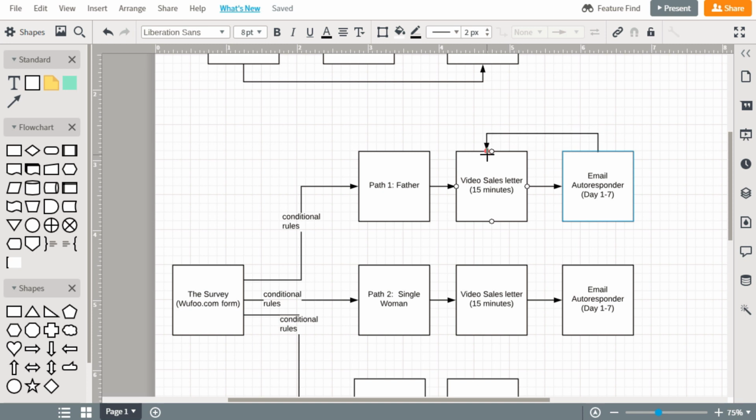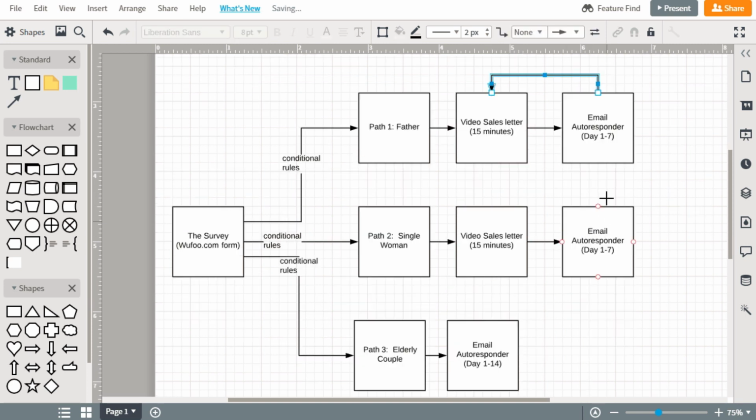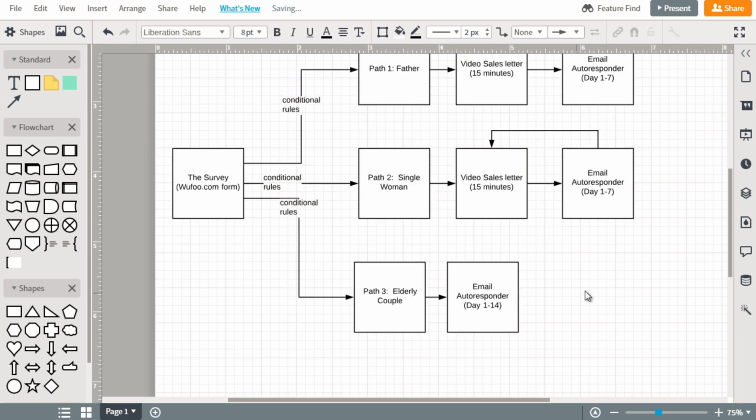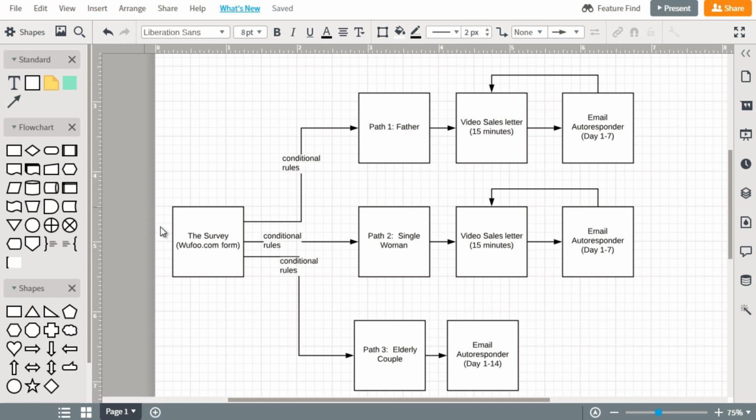And what we can do here is the email autoresponder series. Obviously, the emails might go back to the video sales letter, like so. So let's break this down real quick. The survey's here, they fill it out, the conditional rules are sent here, and based on the answers that they give, they either get asked more questions or they get sent to a video sales letter, but then after that they get added to an email list, and perhaps over here they have to fill in their email, and if they get over here, they get automatically added to the email autoresponder series over here.